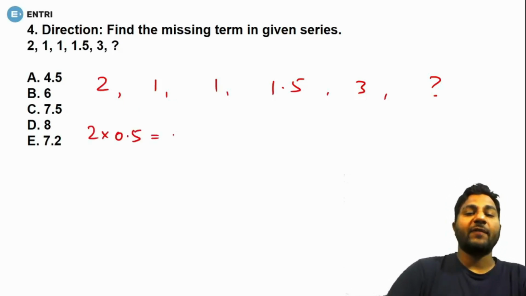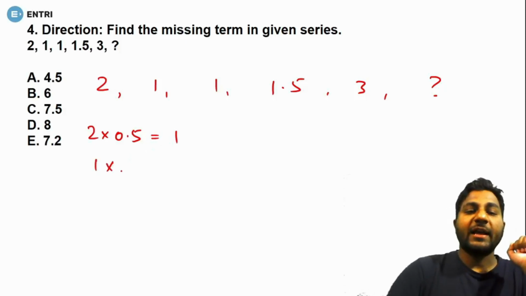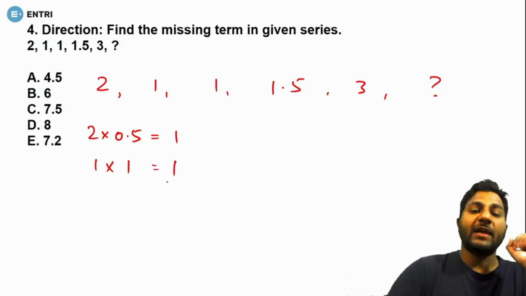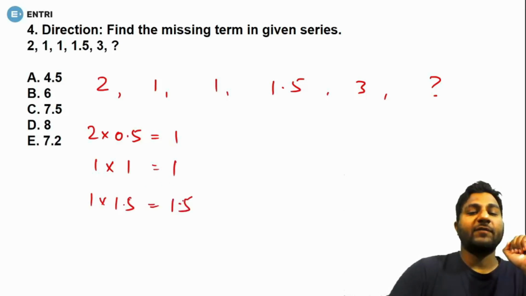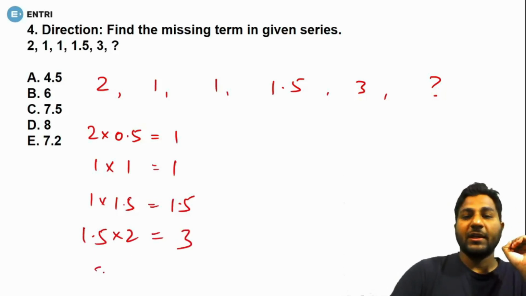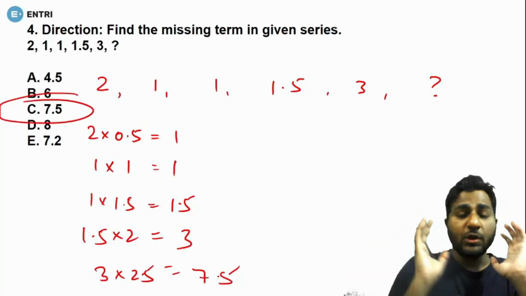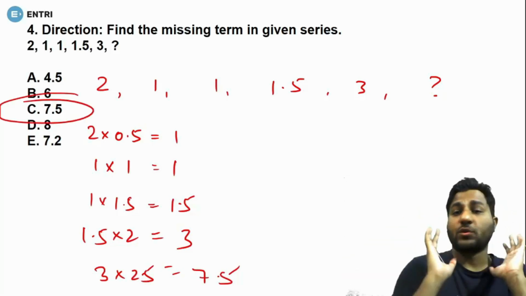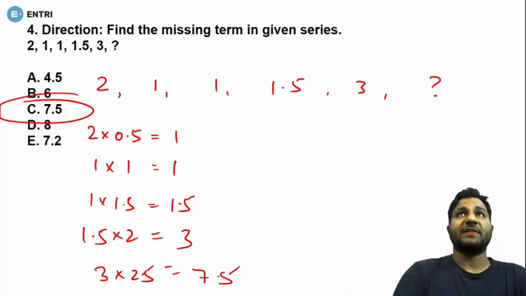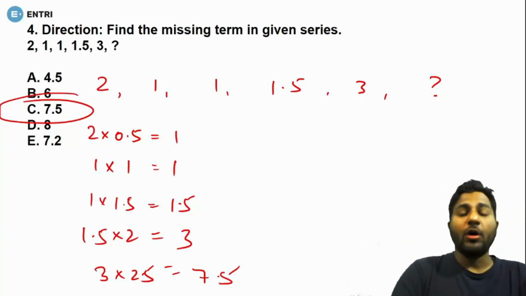That means 0.5, and it will become 1. Again the sequence will increase and multiply with 1. Again it will increase and multiply with 1.5. Again it will increase and multiply with 2. So that makes 3. And again 3 times 2.5 makes 7.5. So it was a good question. You just have to understand the concept. I hope you all have got the concept right.